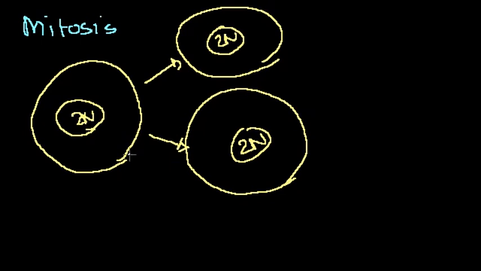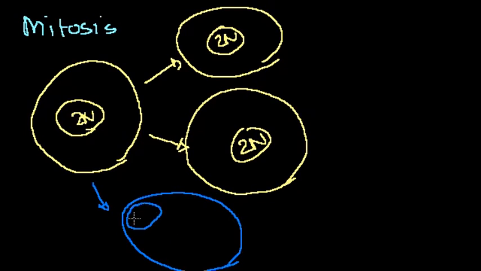But I want to make one slight clarification: formally, mitosis only refers to the process of the replication of the genetic material and the nucleus. For example, if I were to draw the cell, it now has two nuclei, each with the diploid number of chromosomes.